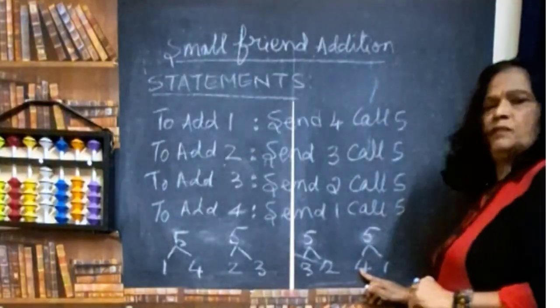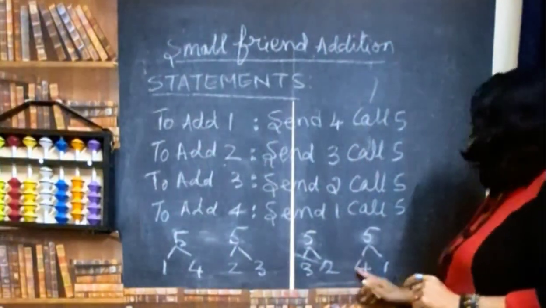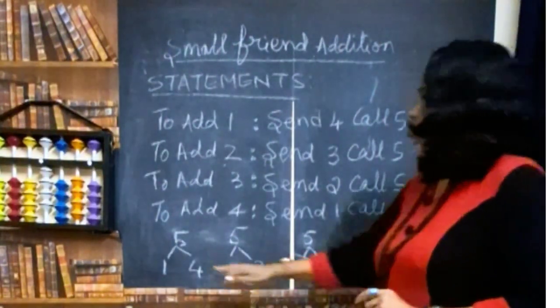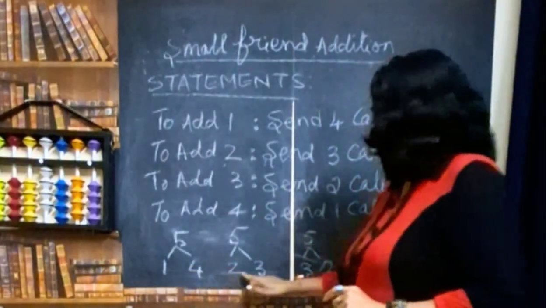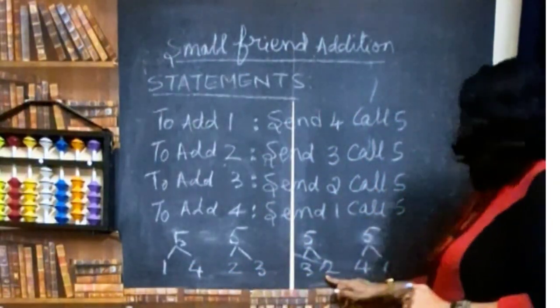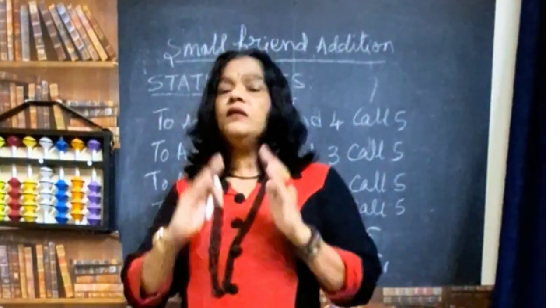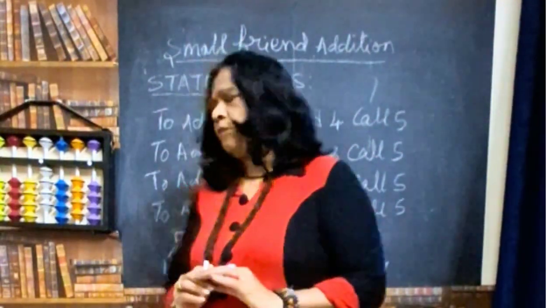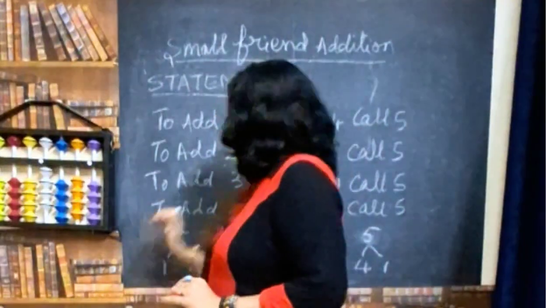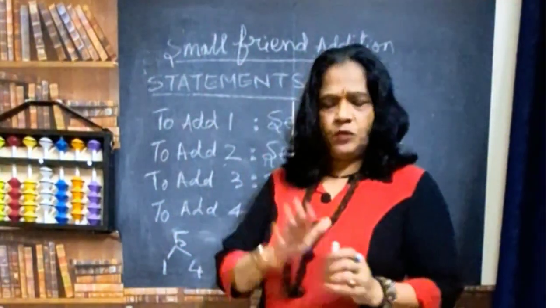And 4 plus 1 is 5. So 1's complement is 4, 2's complement is 3, 3's complement is 2 and 4's complement is 1. Instead of taking the complement of the number, we are using the friends. That's all.